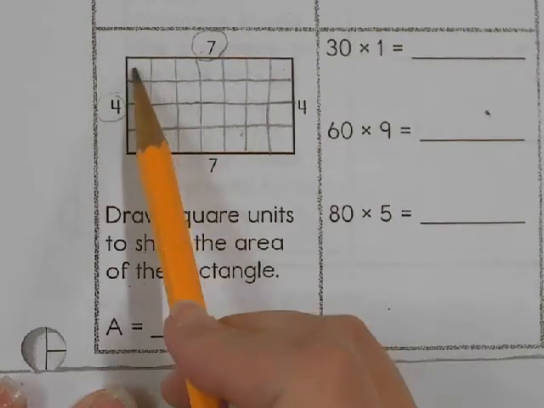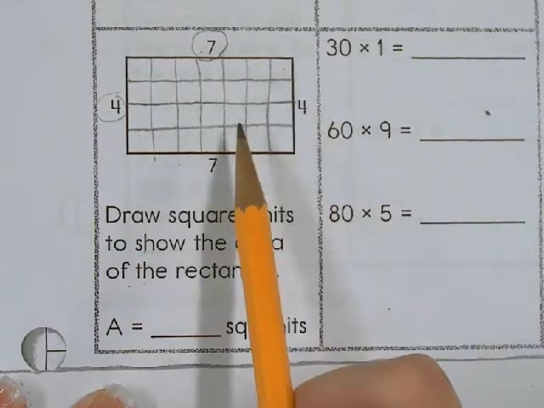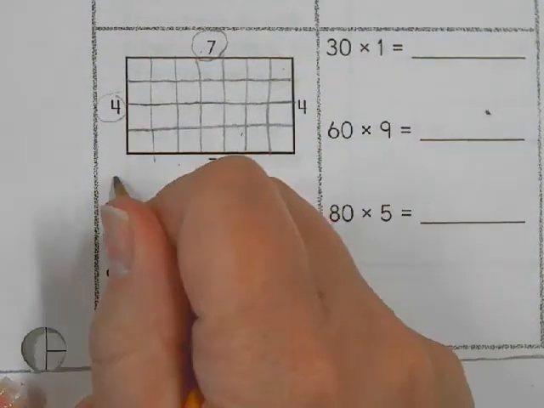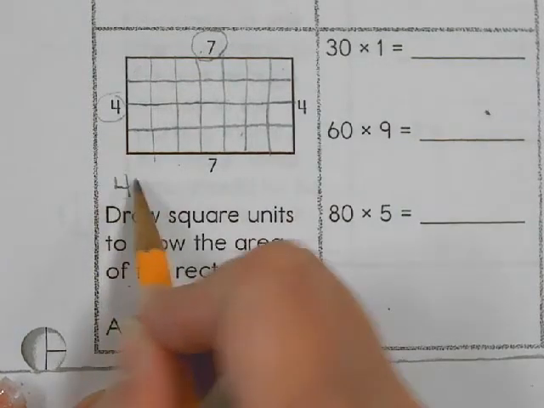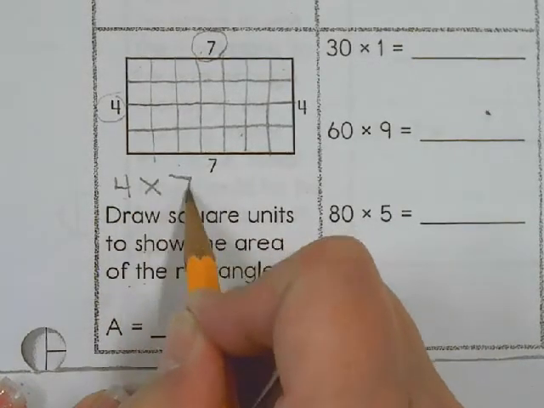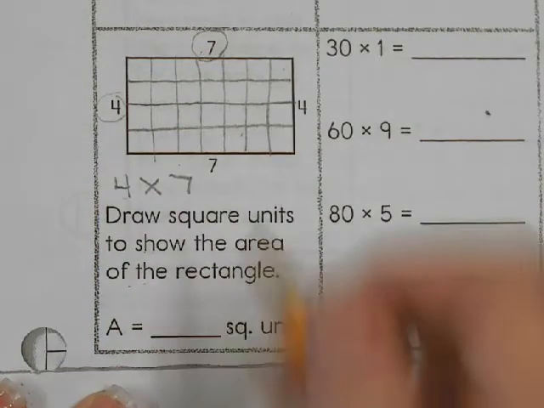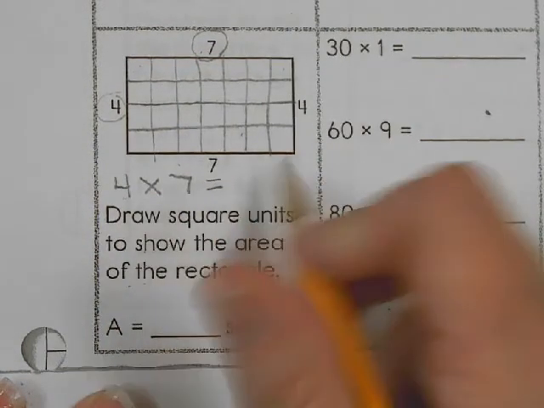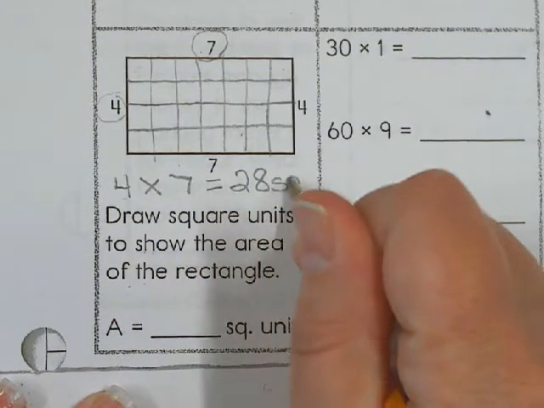So if we have 4 rows of squares with 7 squares in each row, we know that this is a multiplication equation because we have 4 groups and we have 7 squares in each of the groups, which are our rows, and we have 28 squares total.